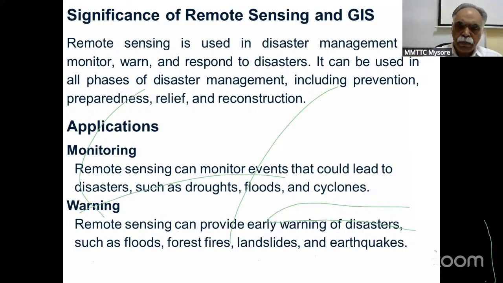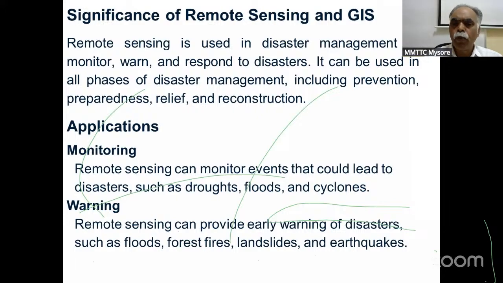The management aspect is totally based on the person who is doing research-based activity, because we had to identify the places of vulnerability, where it is going to occur, what will be the magnitude, and if it is the magnitude of this scale, what should be the type of preparedness, what is the on-event preparedness, and what should be the after-event relief and reconstruction. All these can be well managed only when we have very good information.